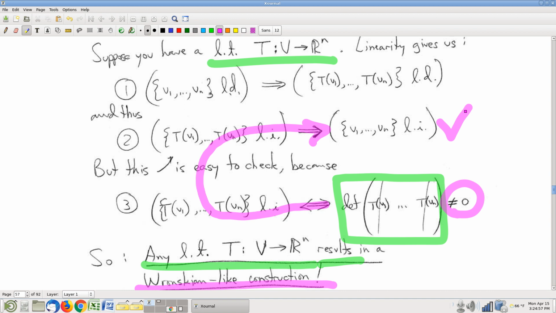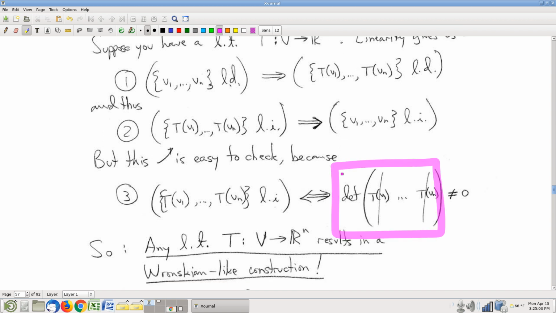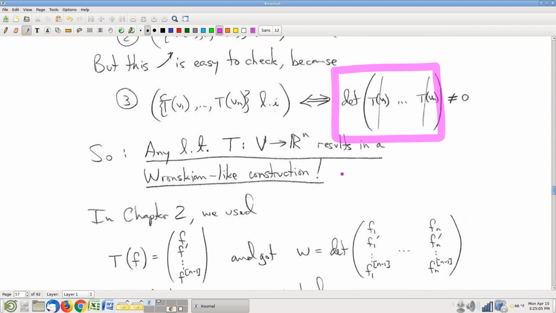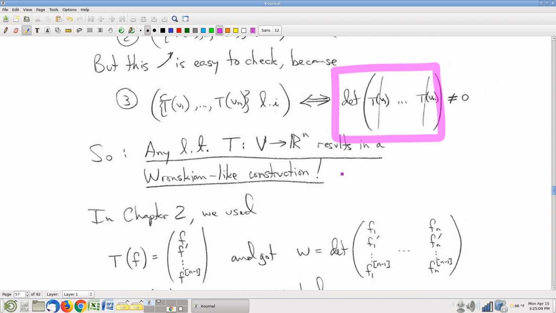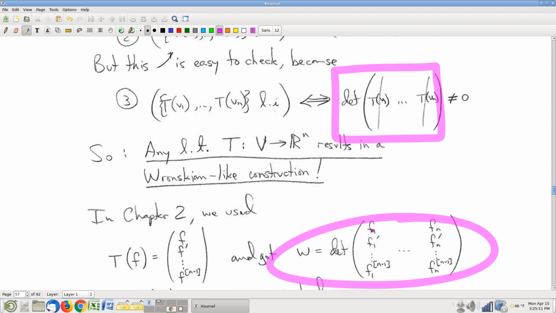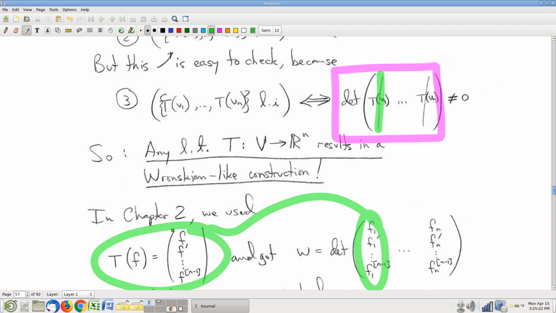So what does this Wronskian-like thing have to do with Chapter 2? In Chapter 2, our familiar old Wronskian was this thing. Notice this tells us what our linear transformation was: that formula.